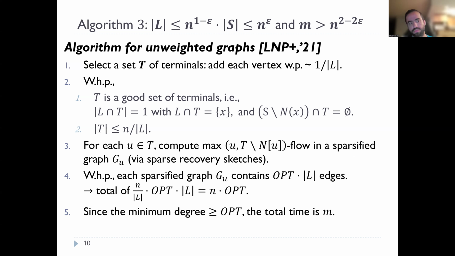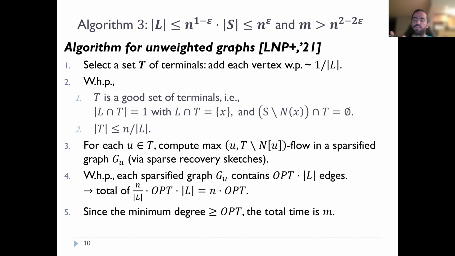Now, for each terminal U, we compute maximum flow between U and the set of terminals without the neighborhood of U. And we do that in a sparsified graph GU that was constructed using sparse recovery sketches in a clever way. Now with high probability, each one of those sparsified graphs GU contains at most L times the optimum number of edges.